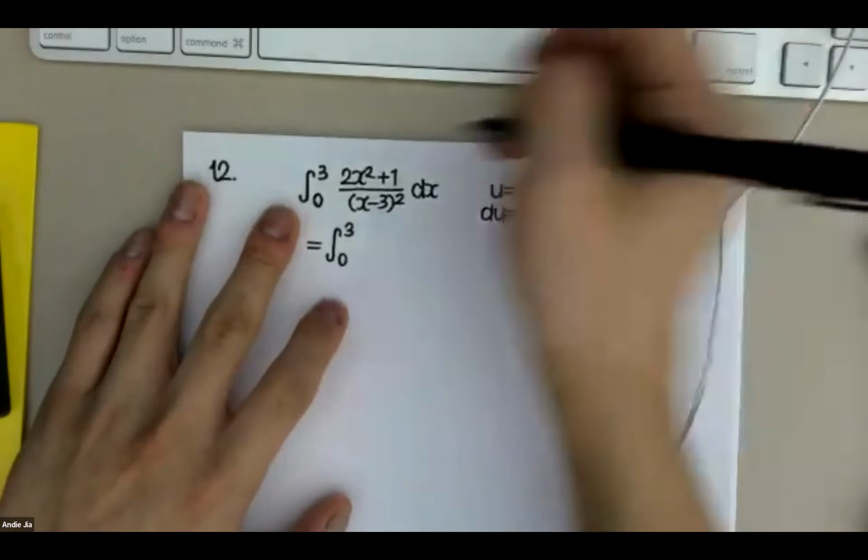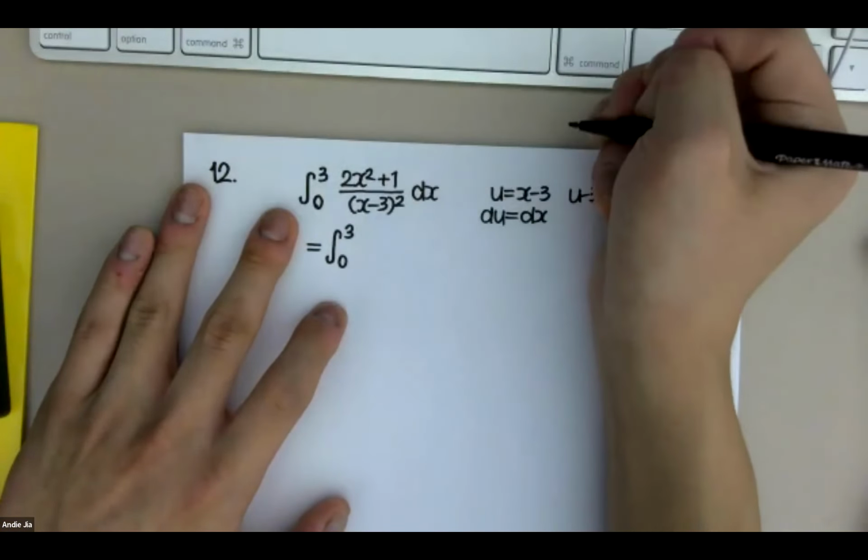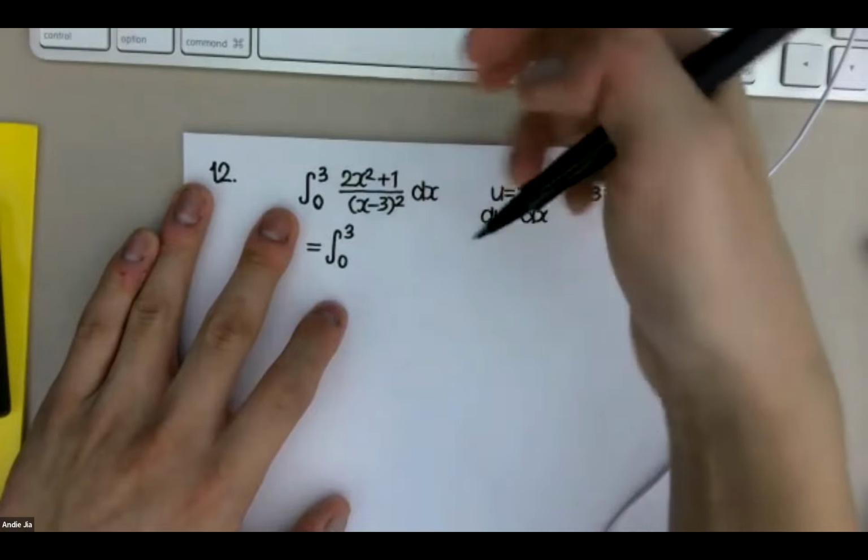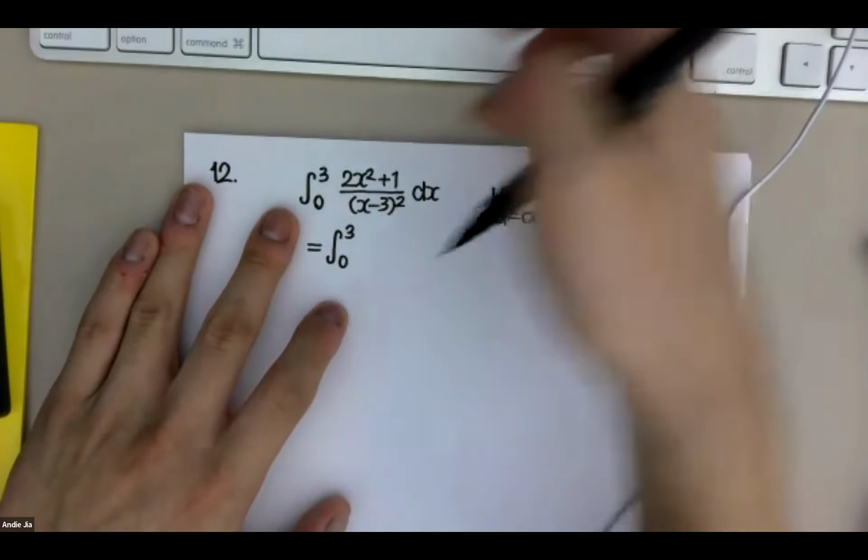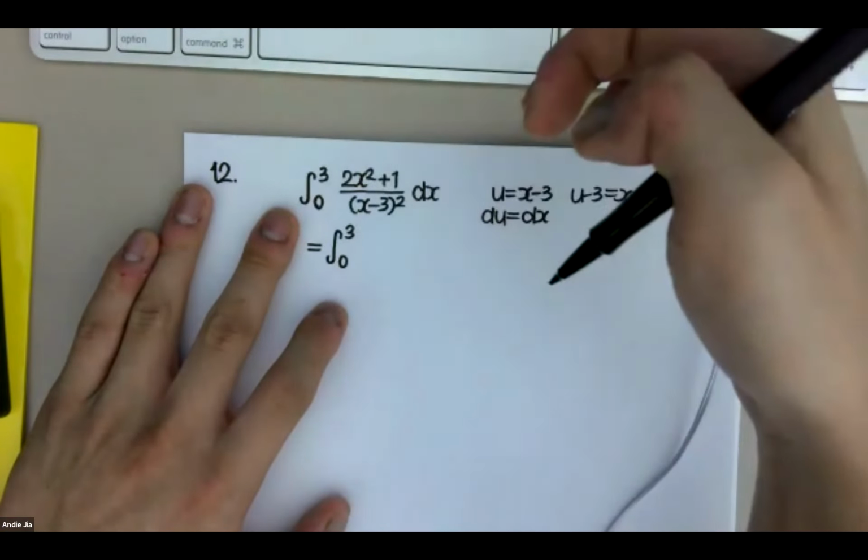Wait, for the substitution u equals x minus 3, where it became x, is that right? Because the numerator is 2x squared plus 1, and we want to write x in terms of u after the u substitution, because we can't have two variables in this integral.